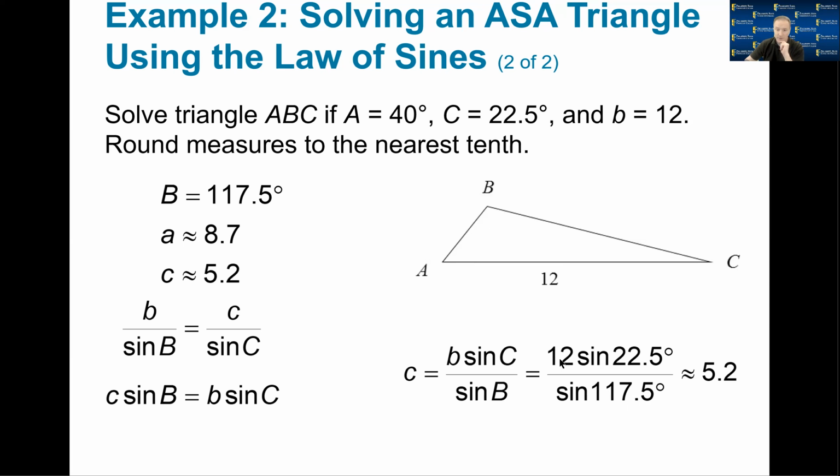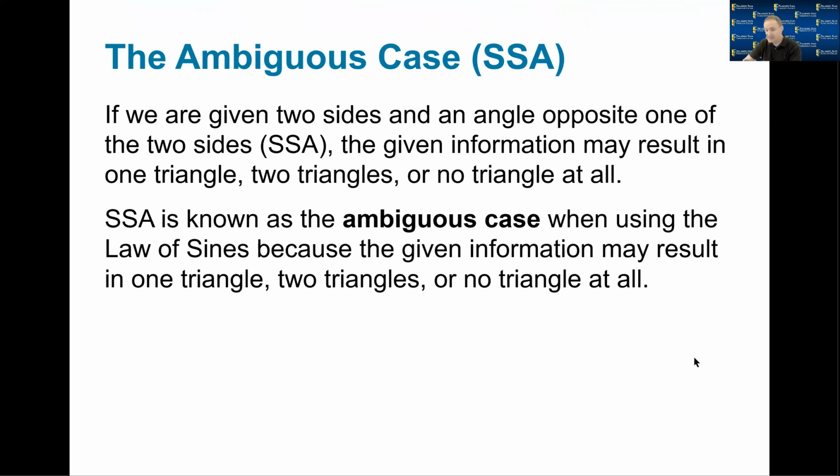And then that 12 is multiplied by the sine of angle C, which was given in our problem to be 22.5. Whenever you multiply this out, your calculator, to the nearest tenth of a decimal place, should tell you it's 5.2 centimeters.